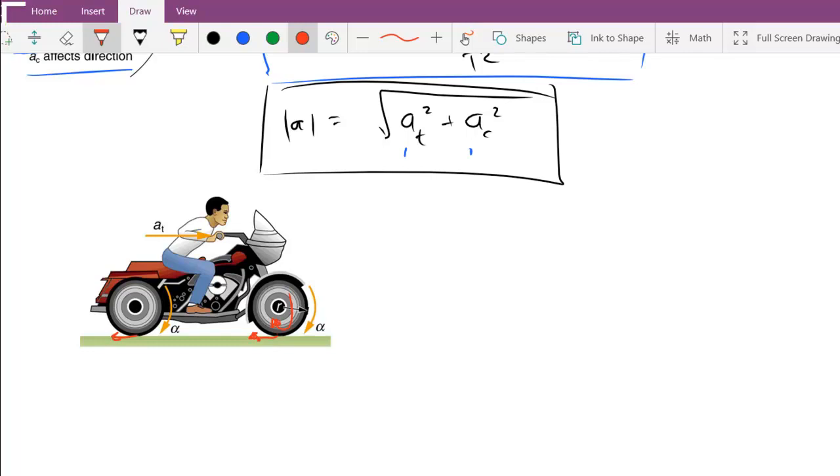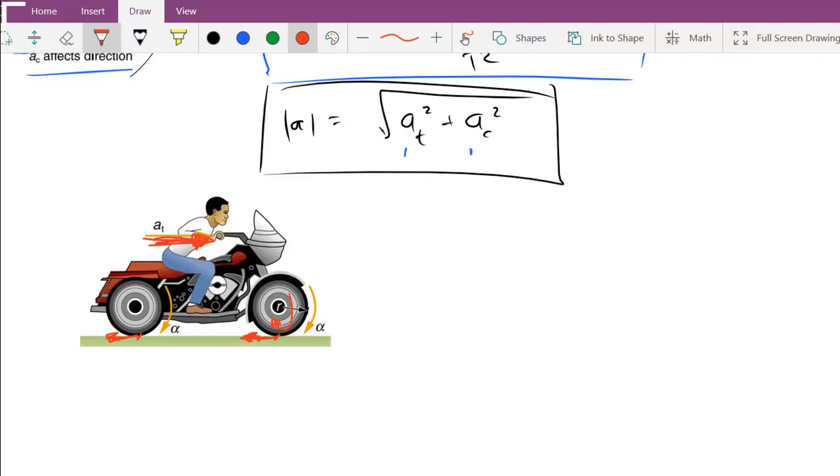Then there's a reaction to this through Newton's third law, an action-reaction pair, and there is therefore a tangential acceleration of the motorcycle forward, which is the same as the magnitude of the tangential acceleration that the wheels apply on the ground, or that they feel on the outside of the wheels.